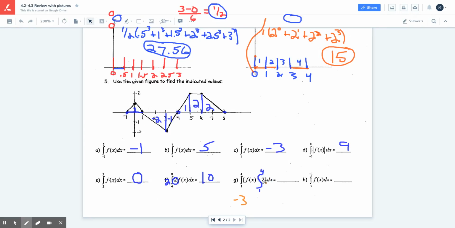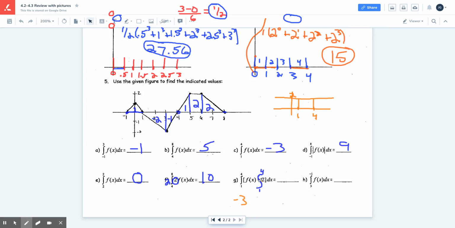Now this, from 1 to 4 of 2, this has nothing to do with f of x. All right, remember, if you have a constant, all right, let's say it's my graph. 2 is a horizontal line going through 2. All right, from 1 to 4, there's 1, there's 4. The shape we get is a rectangle.